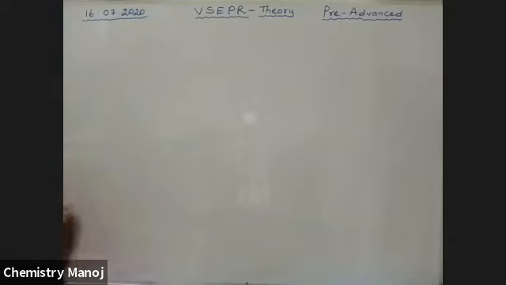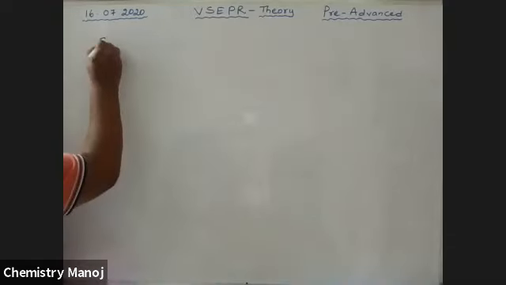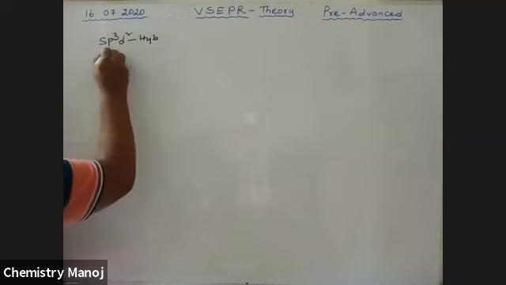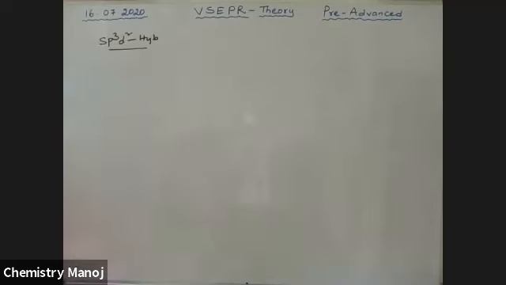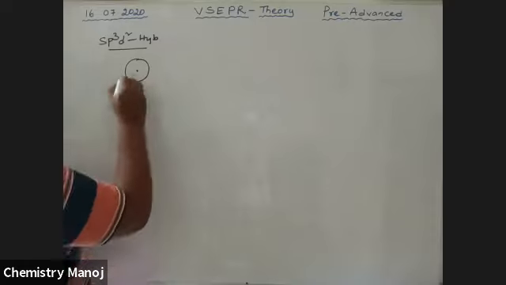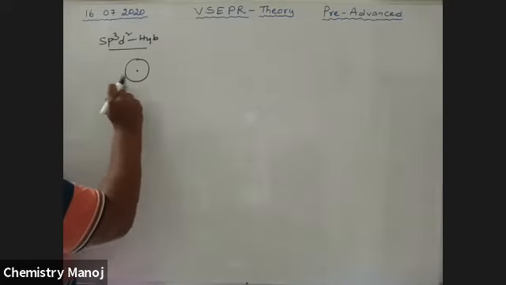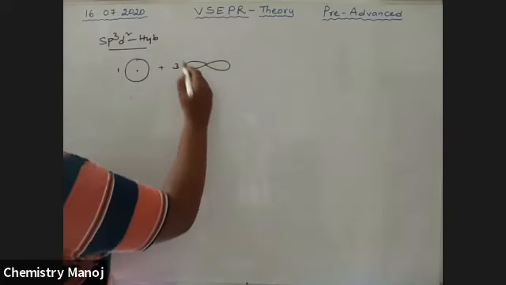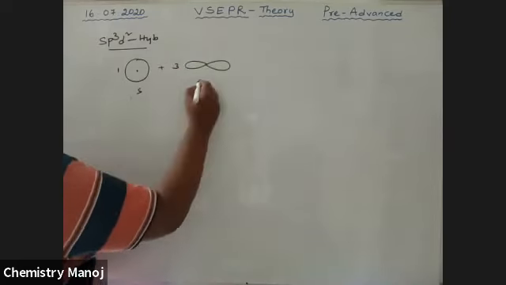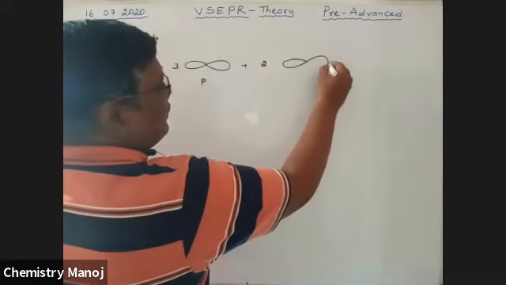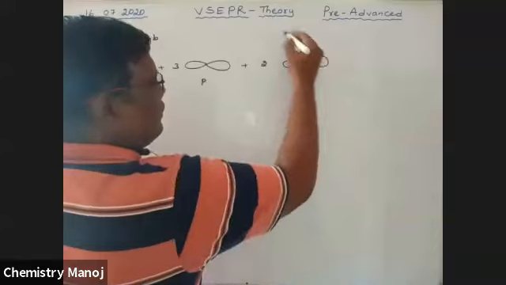Next, sp3d2 hybridization. That means mixing of one s orbital, three p orbitals, and two d orbitals.